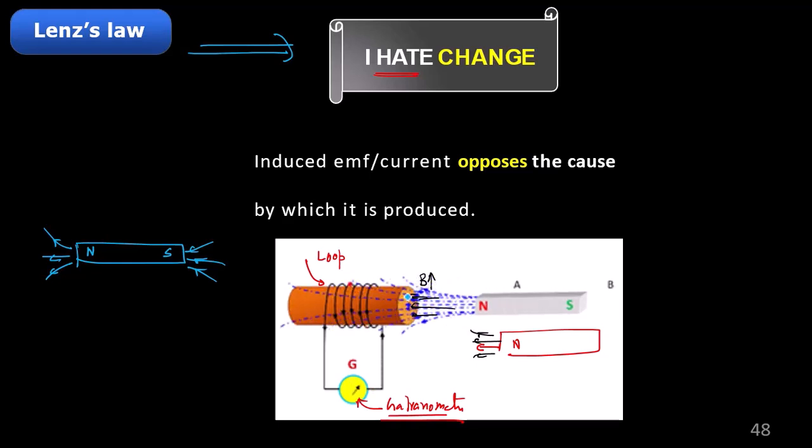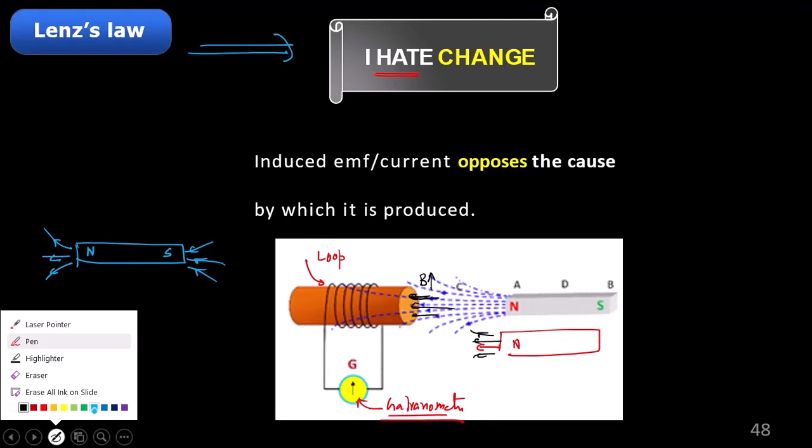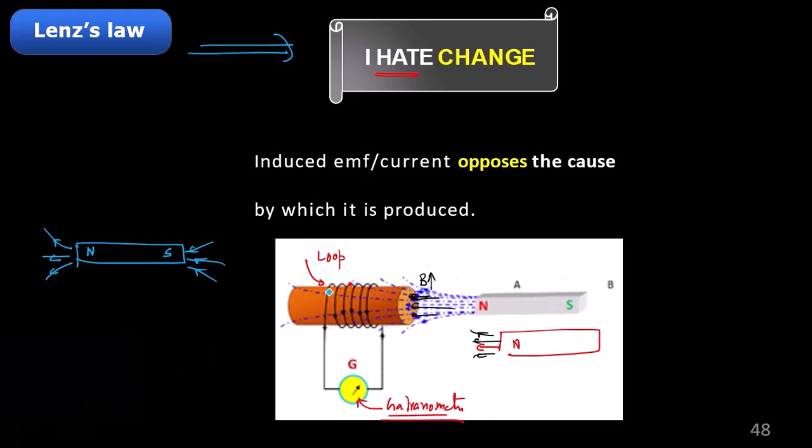The loop does not accept this, because it does not want this increase in B to affect itself. So the loop will try to produce an opposing effect.